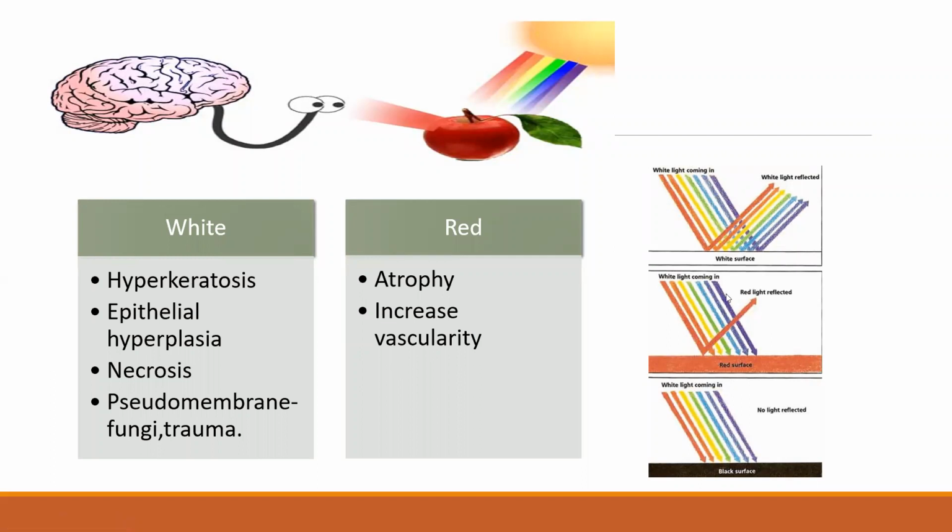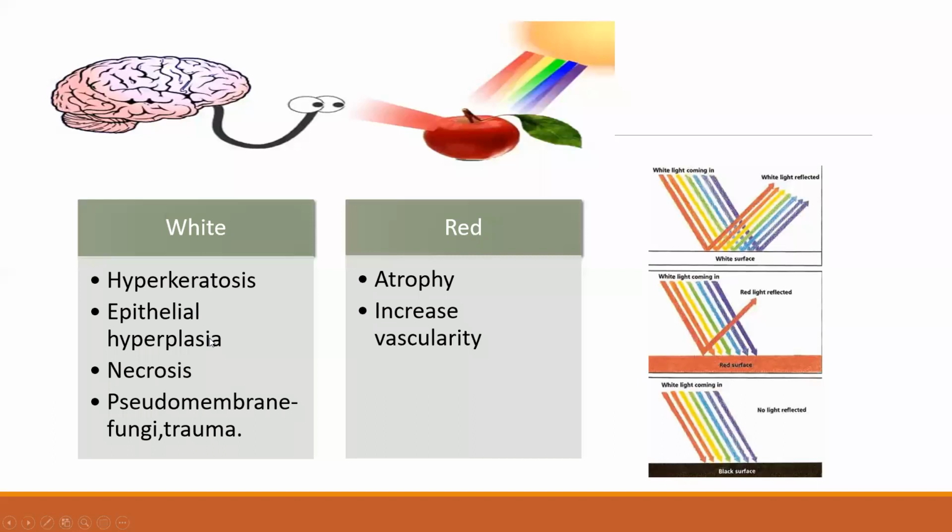What makes these lesions reflect these particular wavelengths of light? If it's white, then these are the factors, and if it's red, these are the factors. What factors make a lesion reflect white light? For example, hyperkeratosis, meaning there is an increase in the production of keratin, which causes the reflection of all the wavelengths of light, resulting in a white lesion.